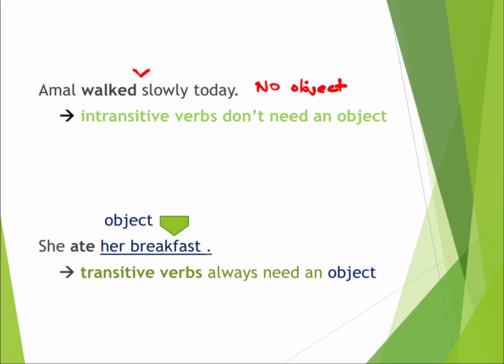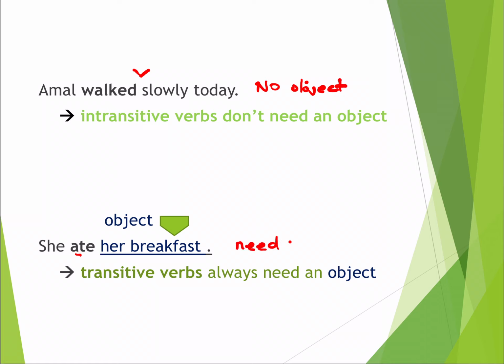Let's look at the second sentence. She ate her breakfast. Does the verb ate, or eat, need an object? She ate what? She ate her breakfast. So ate is an example of a verb that needs an object.